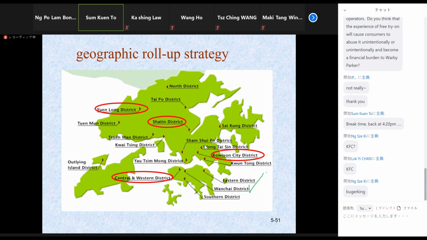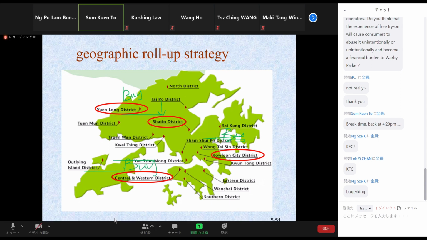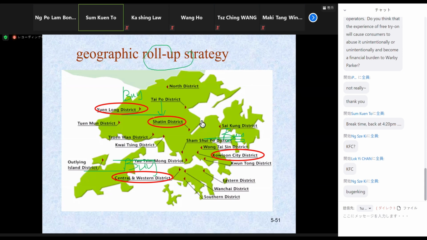And then you are getting bigger and bigger. You become an empire. This is called geographical roll up. You start small, and then you buy the one in Sha Tin, and something like that. You become a chain store because you have rolled up and consolidated them. Okay, so this is for a fragmented industry.